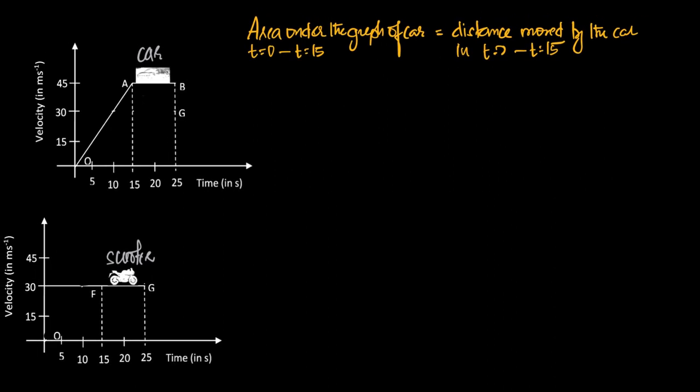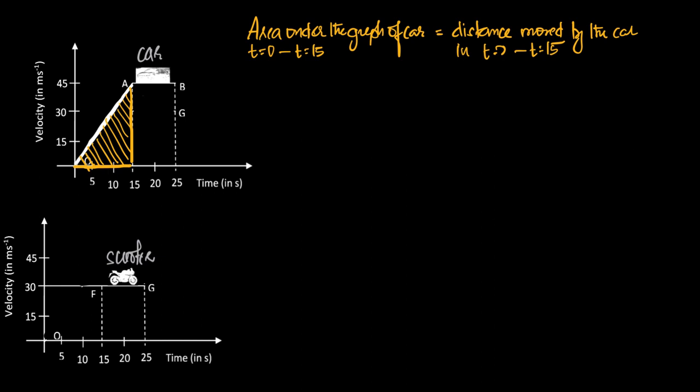Which means, what is the area under the graph for this curve? This is the curve for the car, and up to t equal to 15, this highlighted region is the area under the curve.